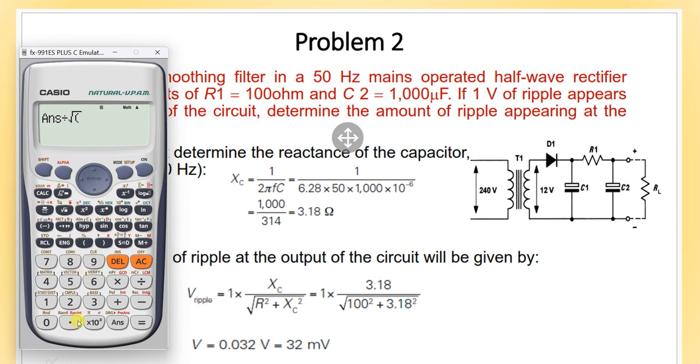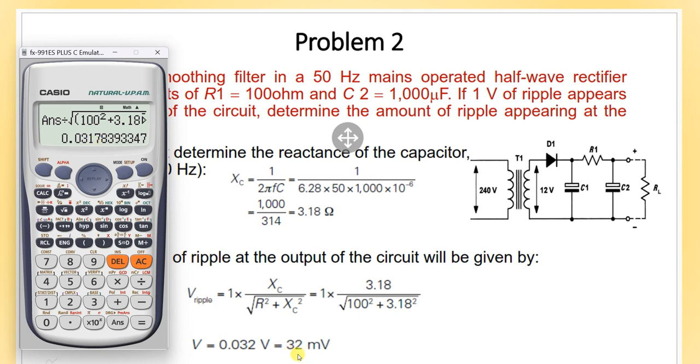open the bracket, R square. R is 100, given. You can see here R1 is 100 ohms. So it's 100 square plus Xc, 3.18 square. Close the bracket. We are going to get 0.0317.